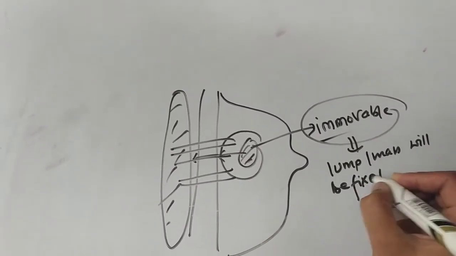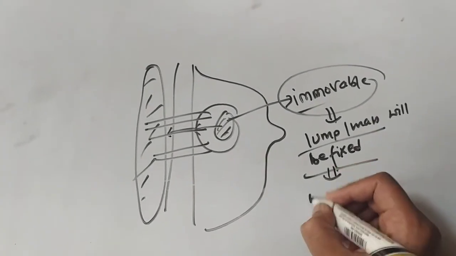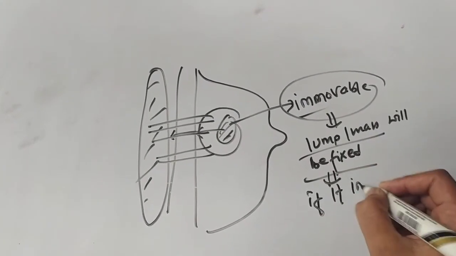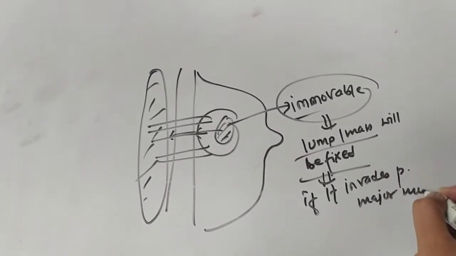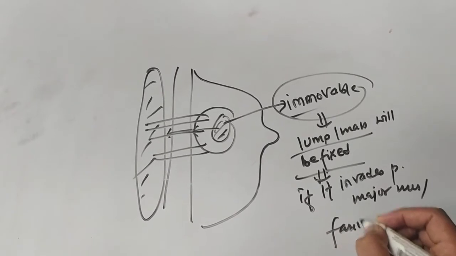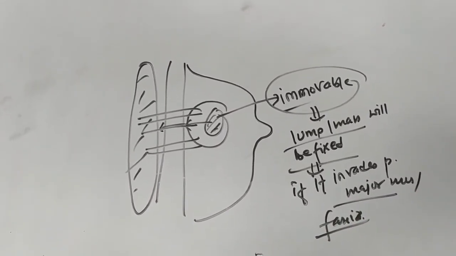So in what case will the mass be fixed? The mass will be fixed or immovable if it invades the pectoralis major muscle or the fascia.